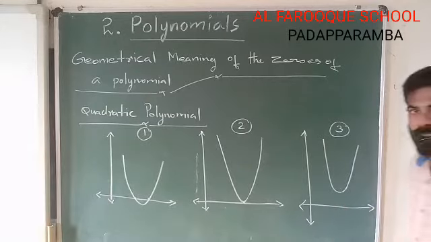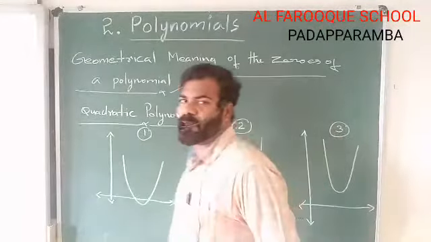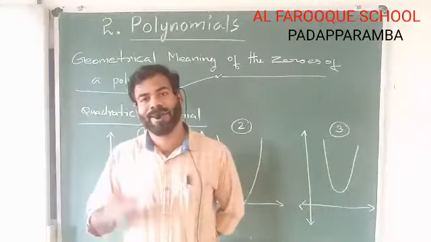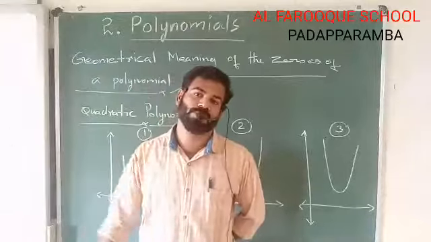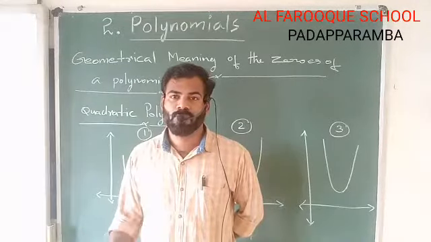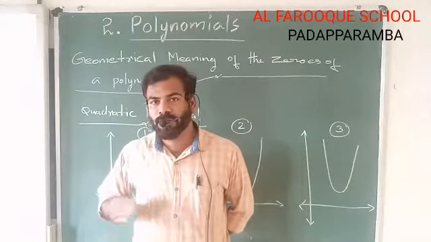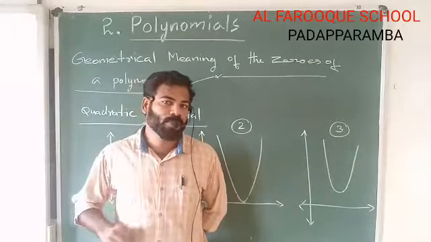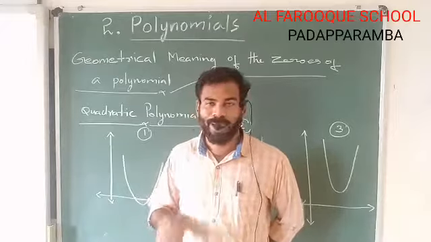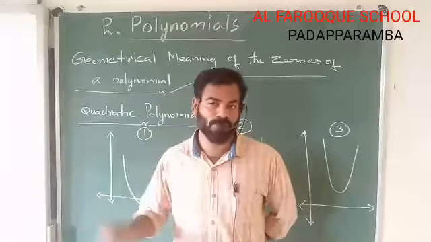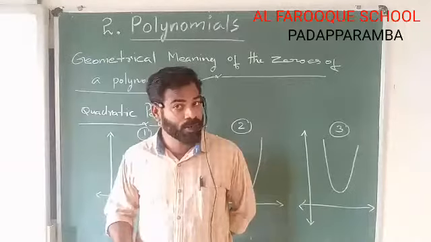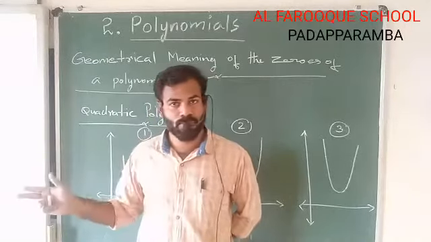So this type of quadratic polynomial has no zeros. So we can conclude that a quadratic polynomial has at most two zeros. That may be 2, maybe 1, maybe 0.